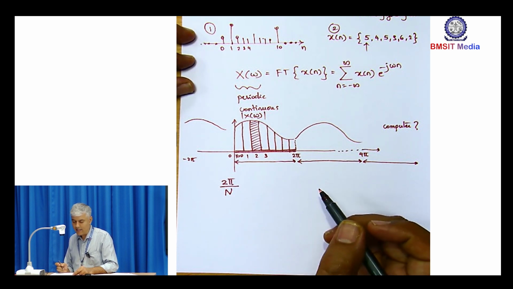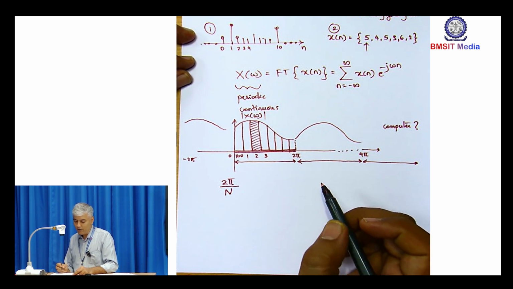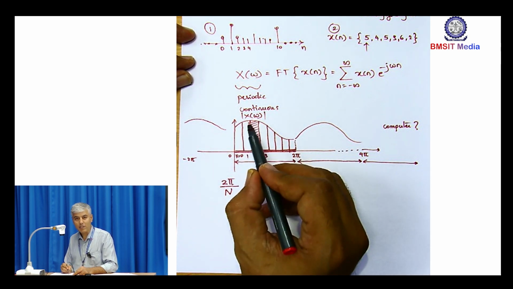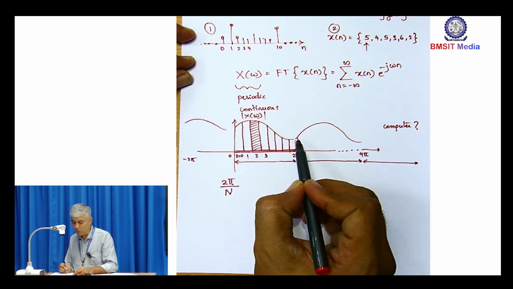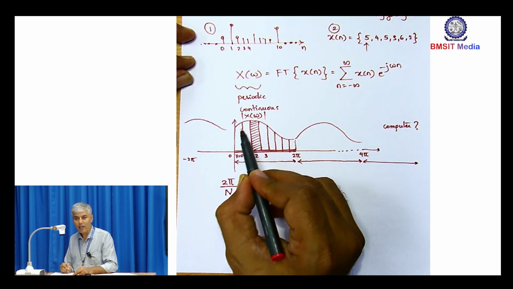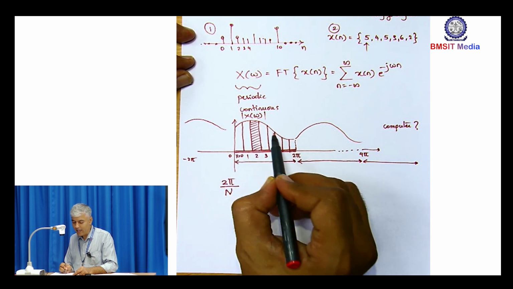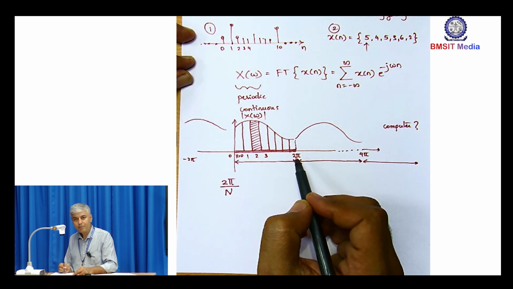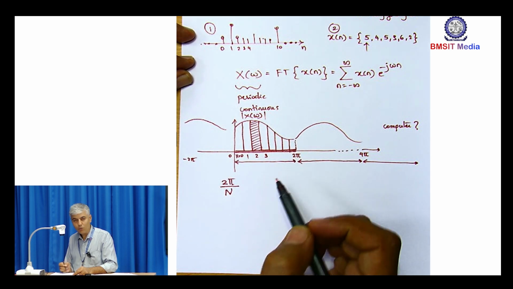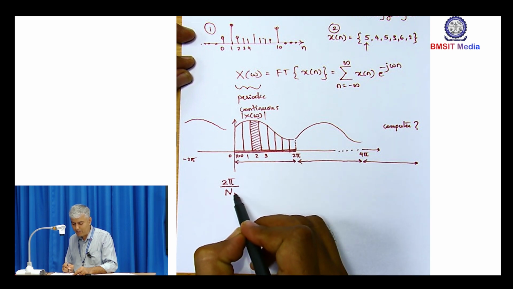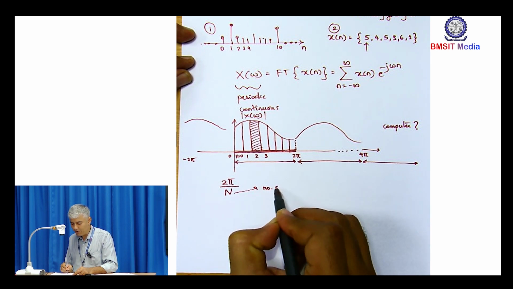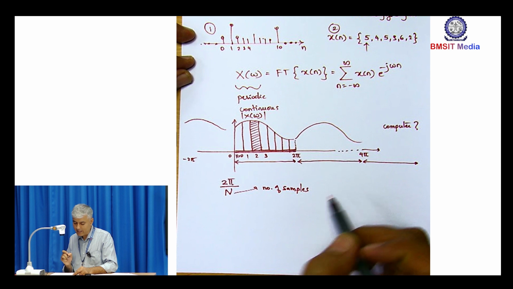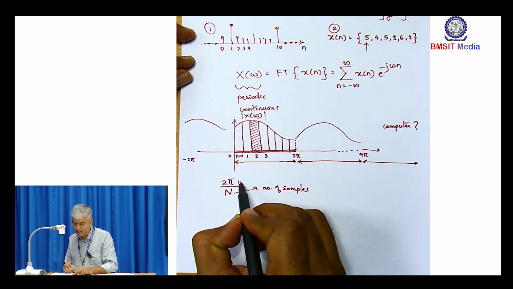So the idea that is emerging out of it is that though there are infinite samples in X of omega, magnitude of this X of omega from 0 to 2 pi in this curve that you can see, instead of taking that entire infinite number of samples, I am now confining to a set of N samples only, and that sample is indicated using k.